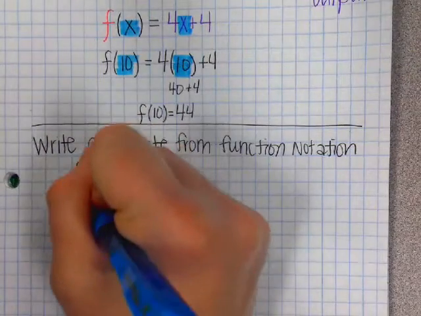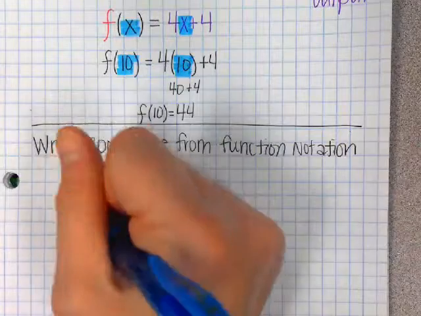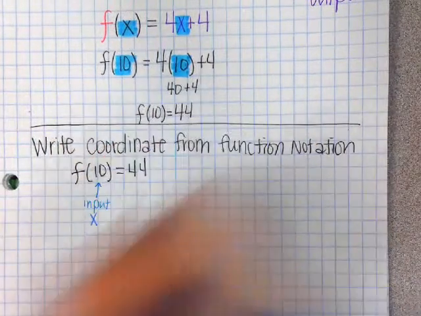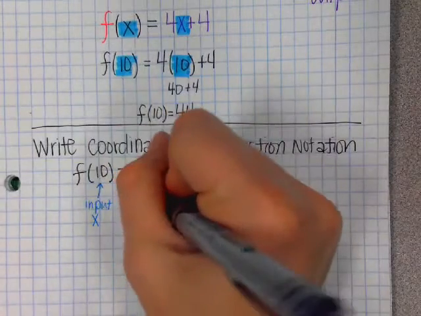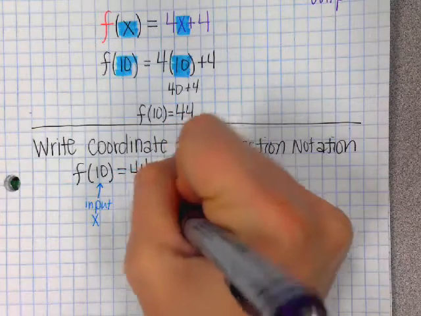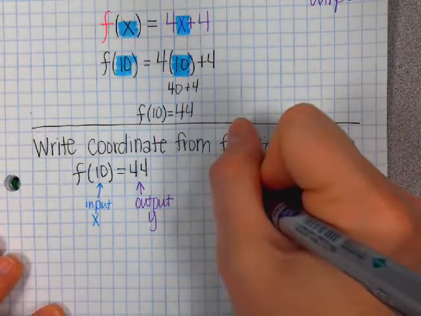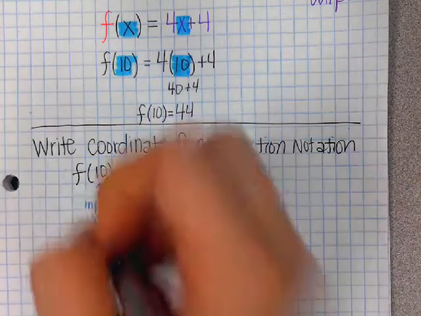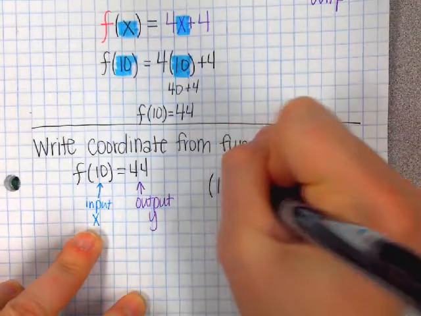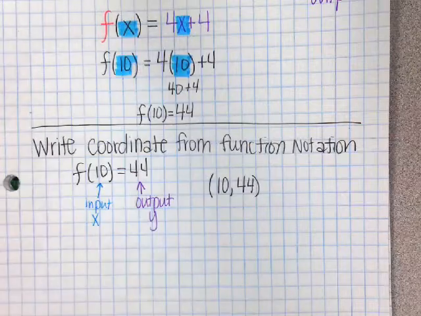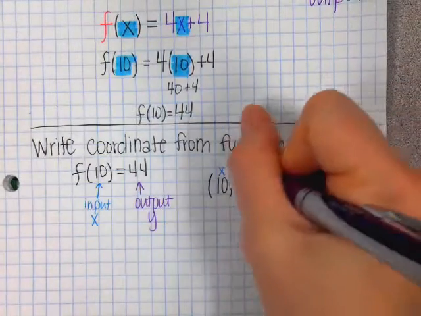Remember, this is our input. You have to remember the input variable is always x, and then it gives you the output, and the output is always y. So then you would write your answer as 10, comma, 44. Remember, it's always x, comma, y.